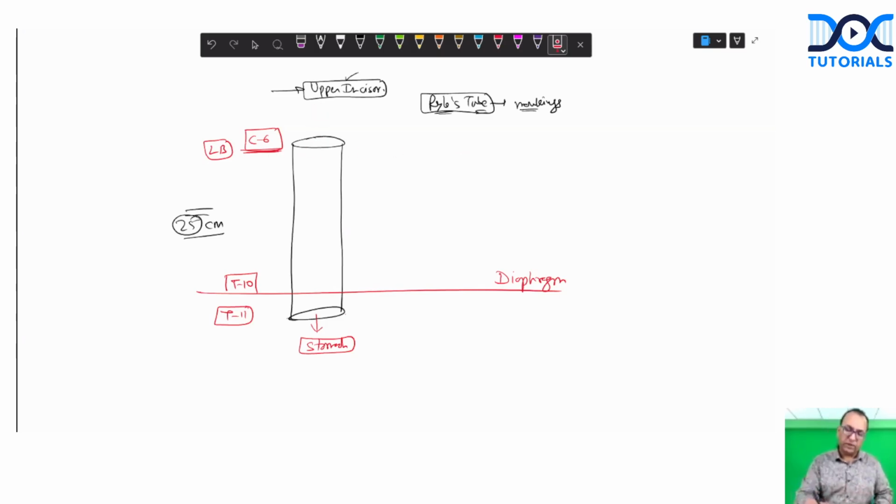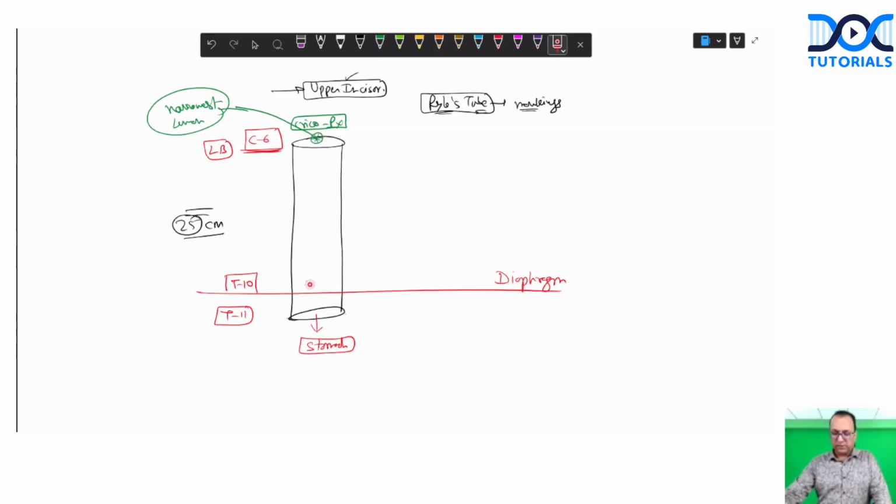Right at the beginning you will have a sphincter, which is called cricopharyngeal sphincter. Because of the cricopharyngeal sphincter, this is the narrowest lumen of the esophagus, at the C6 vertebra lower border.